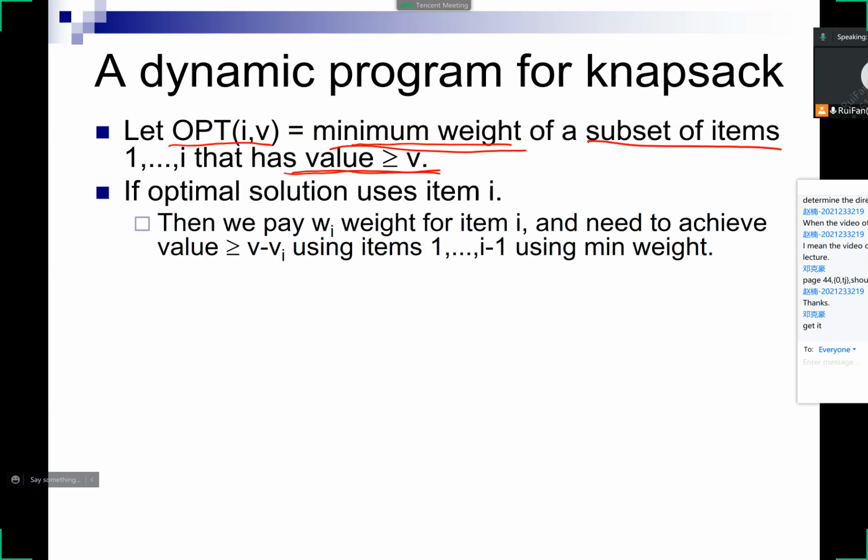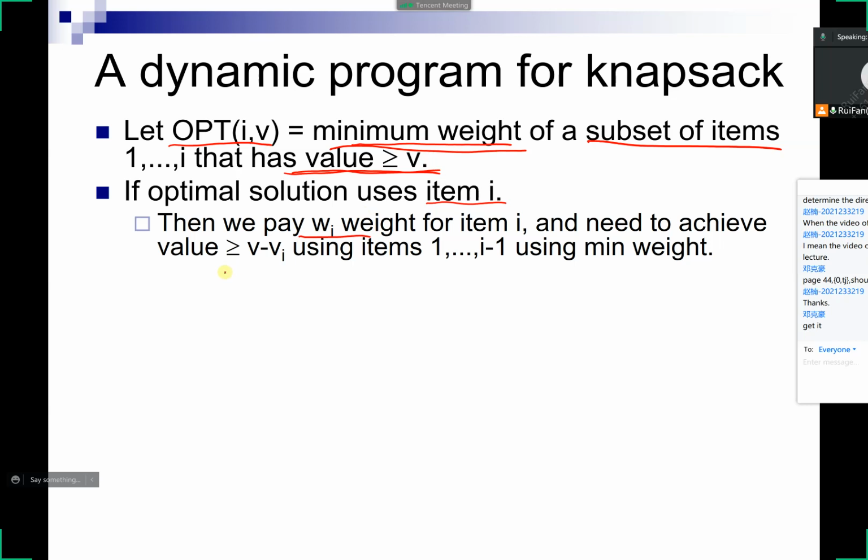The way that we're going to solve this dynamic program is that we consider these items one by one, from I to I minus 1 to I minus 2, all the way down to 1. Now for the ith item, there are two options. Either you use the ith item and put it into your knapsack, or you don't. If you put it into your knapsack, then remember we're trying to minimize the weight, so you increase your weight by Wi right away.